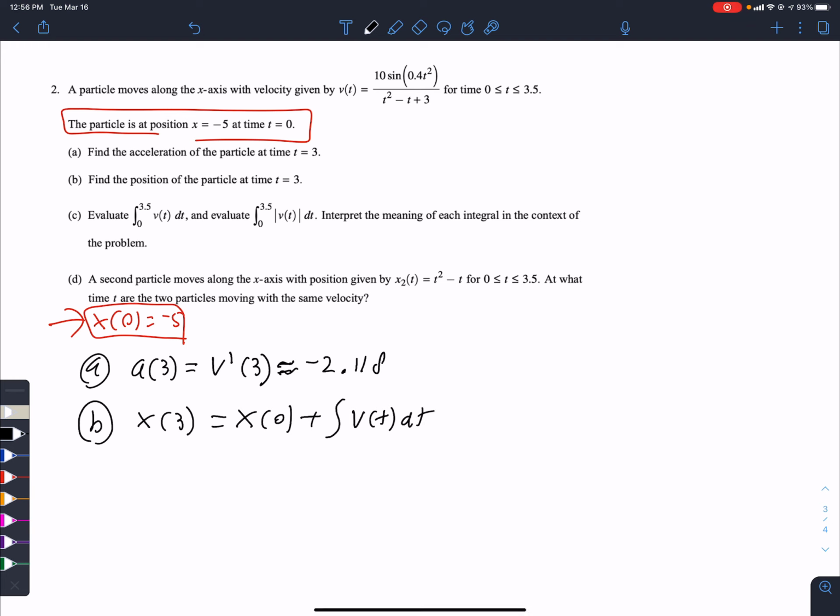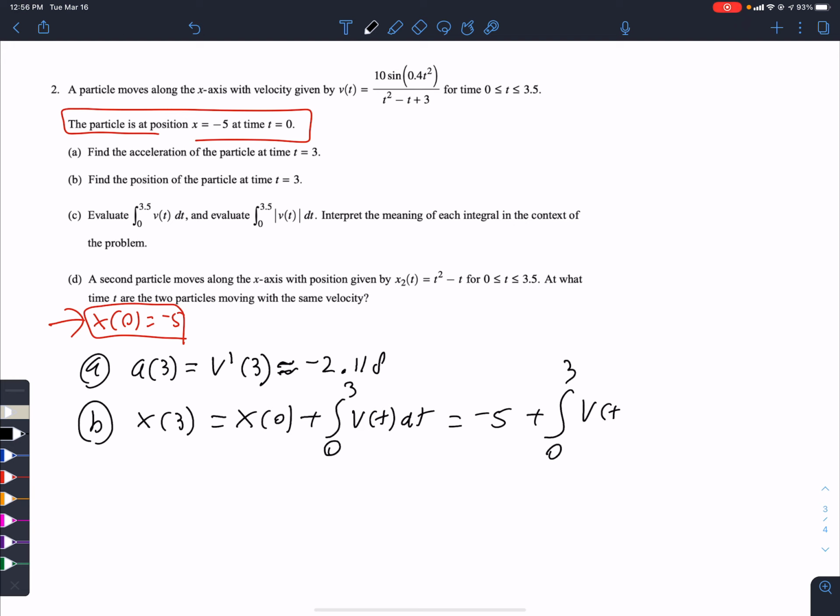I want to know how much the position changed from 0 to 3. Because if I know where it started and how much the position changed, or the displacement, that will give me the final position. Well, x sub 0, I've already defined as negative 5, so it's as if I put a negative 5 there, but I will rewrite this for you.